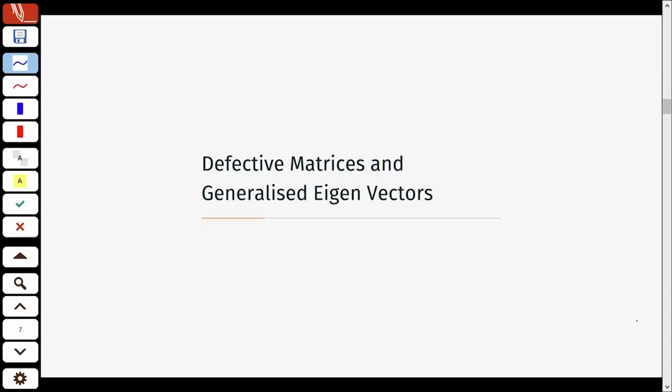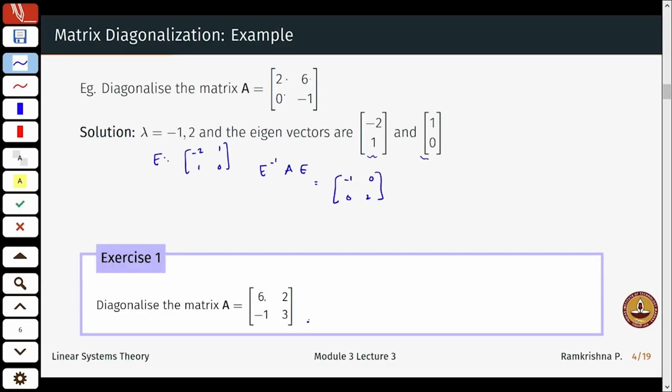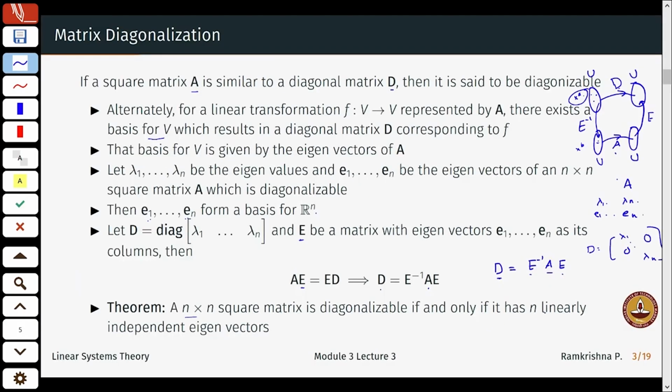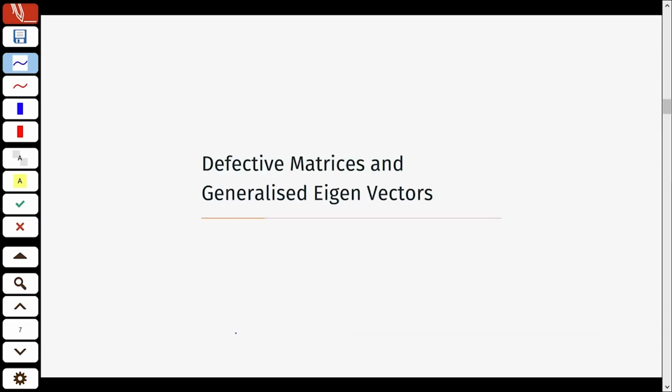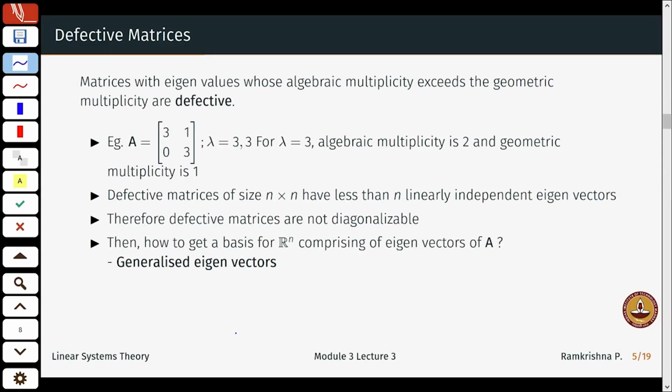So all this required, this statement was crucial, right? That it actually needs n independent eigenvectors. Okay. What if that does not happen?